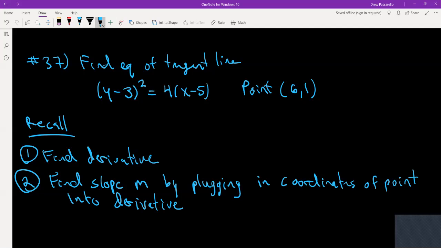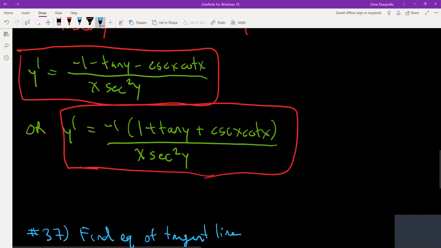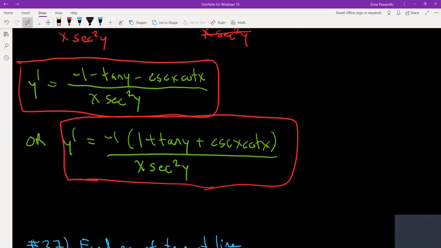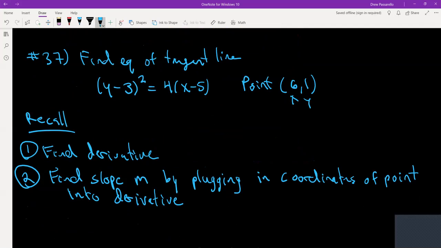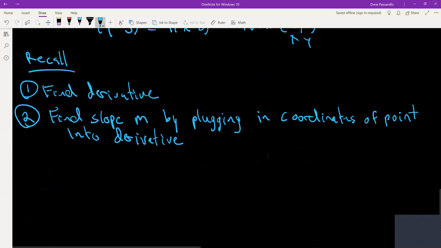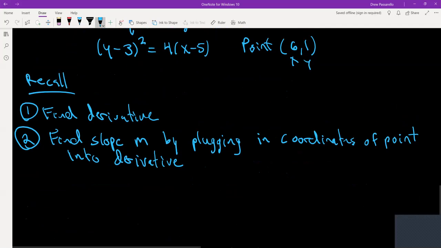This time, for this section, since we're doing implicit differentiation, the derivatives involve both x and y. When we find the tangent line, finding its slope, we have to plug in both coordinates, x and y, into the derivative. Whereas before, we just plugged in the x coordinate.